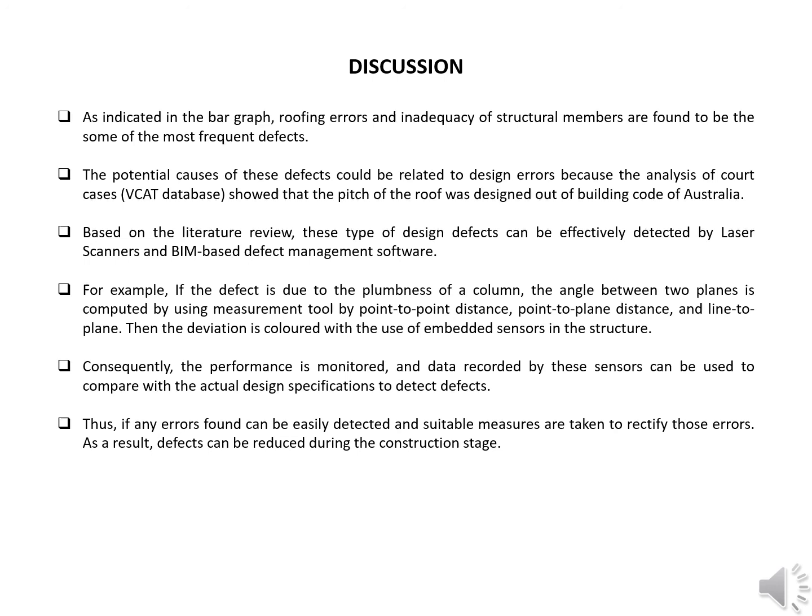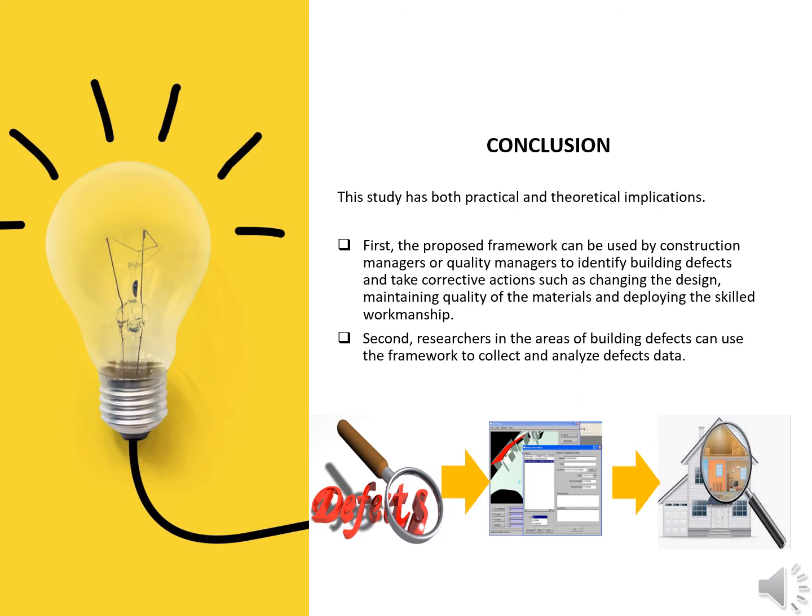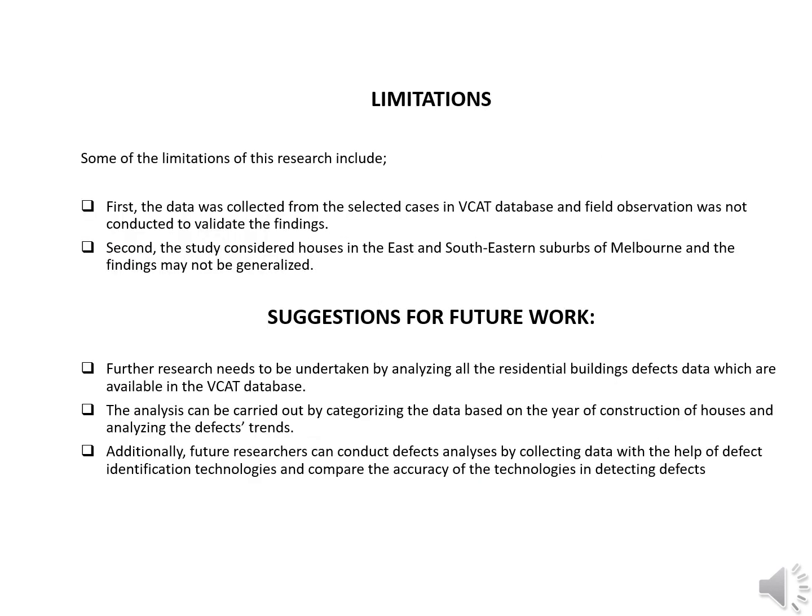Likewise, sensor-based technologies can also serve as an early identification tool for these defects related to leakages. If the defects are identified in early stages of construction, corrective measures can be taken by changing the design or by maintaining quality of the materials. This framework can be helpful for the construction or quality managers to identify those building defects in early stages of construction. There are a few limitations in this research.